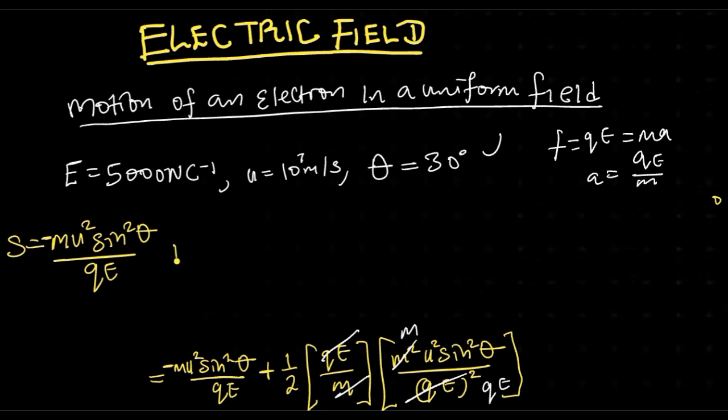So in here will be 1 over 2. What will be left here now? QE cancels QE, so we are just left with 1. So there will be nothing here. That is 1 over 2, m, the 1 m will be remaining, u squared sine squared theta all over QE.